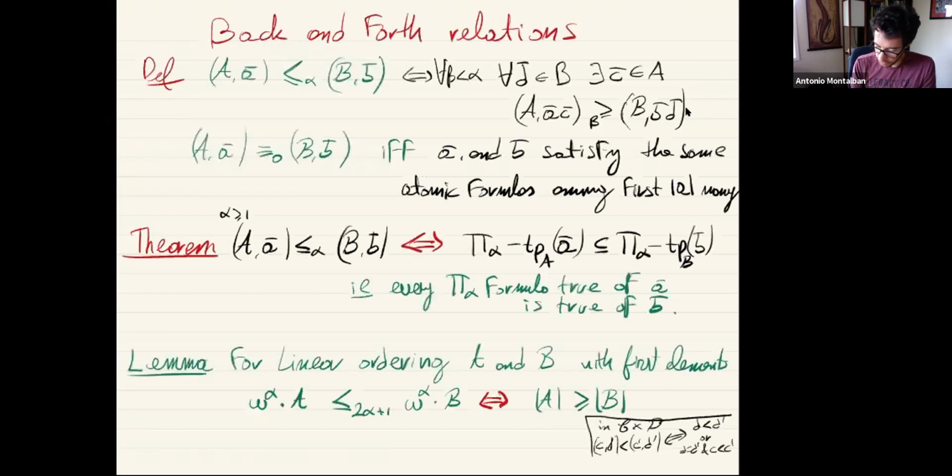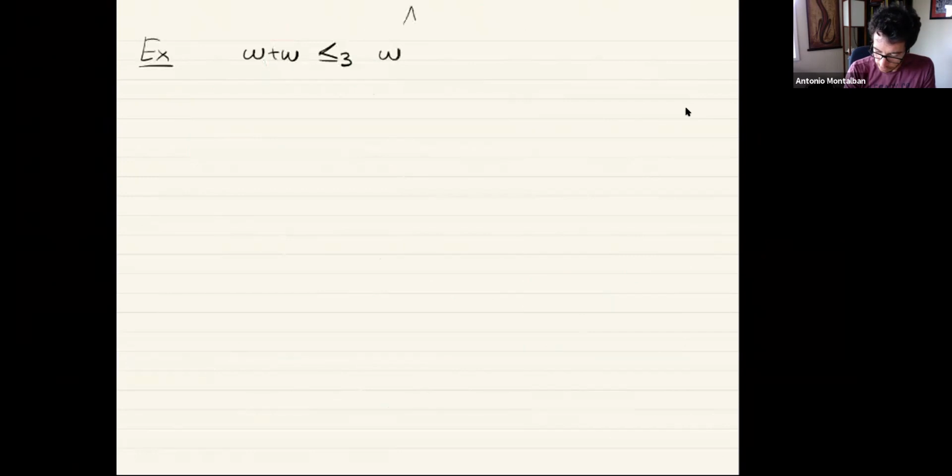Okay, in this case, we have A has 2 elements and B has 2 elements, and alpha equals 1. So A equals 2, B equals 1, alpha equals 1. How will you guys do that? Let's see if we can do this completely.